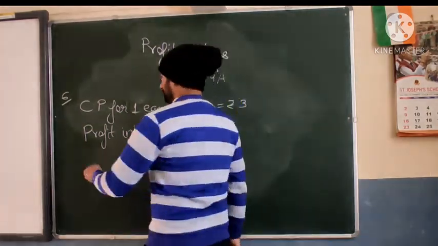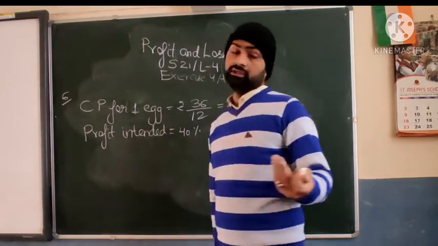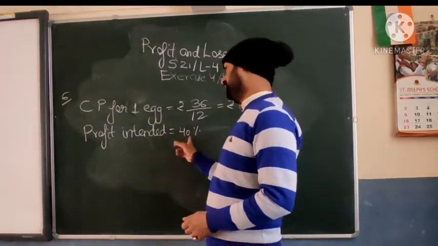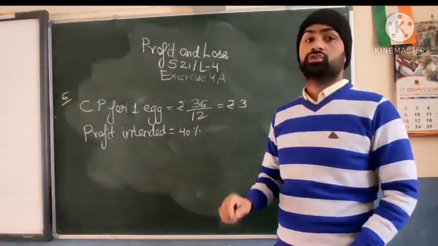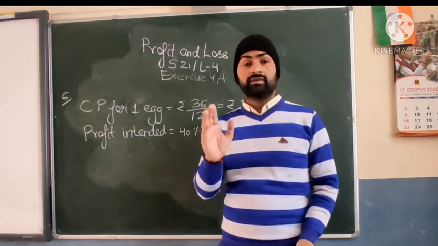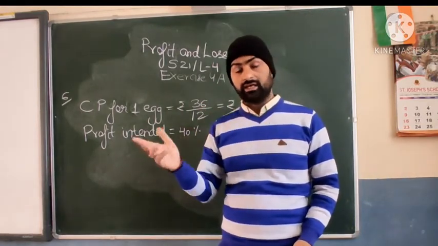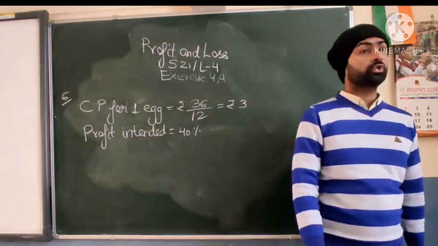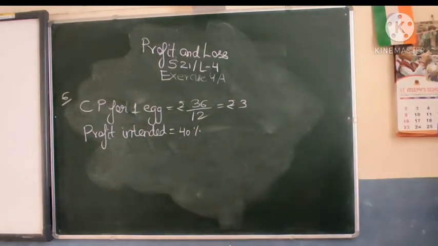Okay. So you can use the standard formula. Since profit is here, if you remember, I have told you a learning aid that if profit is there, you do 1 plus R by 100. So SP equal to CP into 1 plus R by 100.